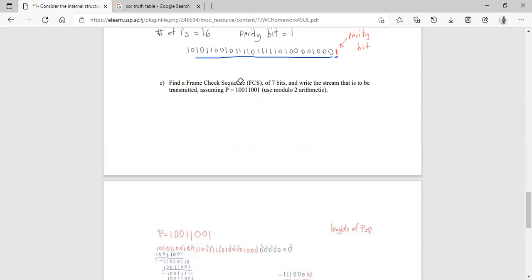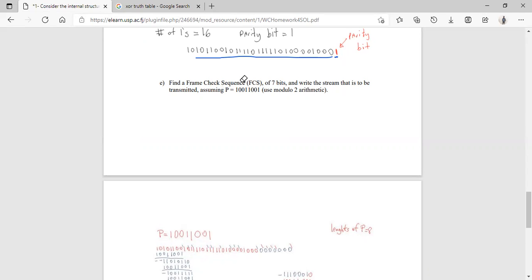It's a large amount of data that you are transmitting, and this particular sequence allows us to check whether some sort of error has occurred in the transmitted data or not.